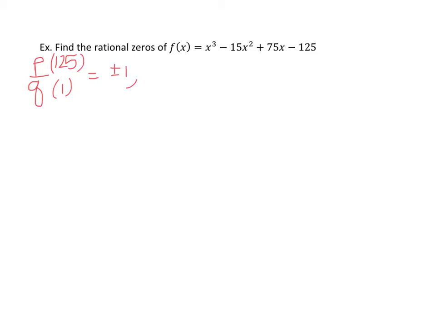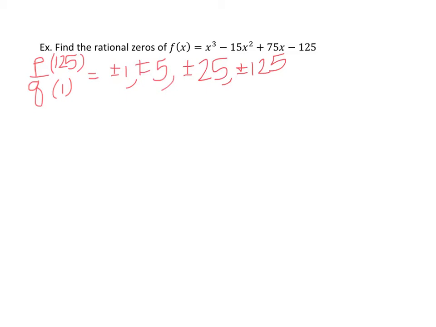Maybe 3. 3 doesn't divide evenly. 4, no. It is divisible by 5. So plus or minus 5 is a possibility. 6, 7, 8, maybe 8. Nope. I think the only other ones we come to are going to be positive, negative 25, and then of course positive, negative 125. So I've got 8 possibilities here.